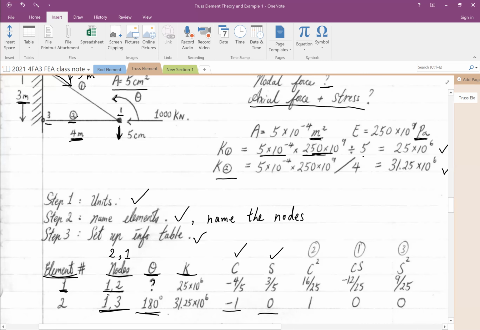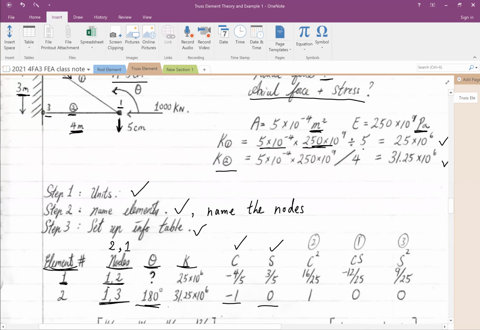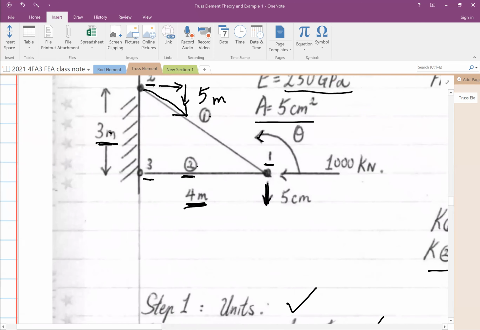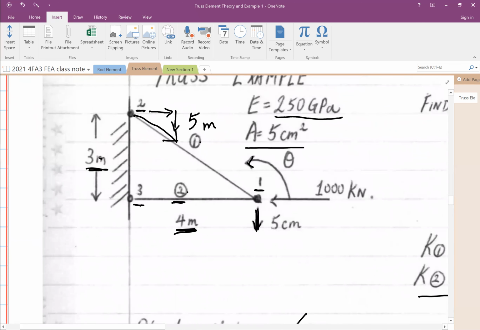Can you repeat that again? From node 1 to node 3, I want the sine, which is the opposite side of the angle over the length of the hypotenuse.